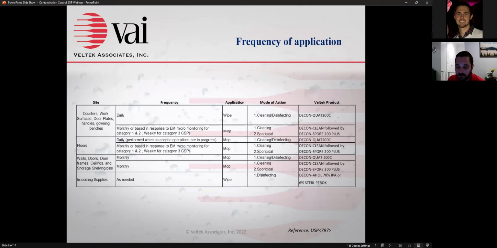We do have a 6% hydrogen peroxide saturated wipe that we'll recommend maybe over an alcohol wipe down for incoming material, just as a risk mitigation step. Higher percentages of hydrogen peroxide are shown to have some sporicidal characteristics. They might not be EPA registered as such, but at least you have that added layer of protection when you're passing something into the clean room.